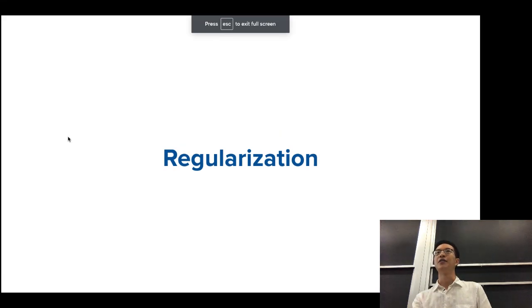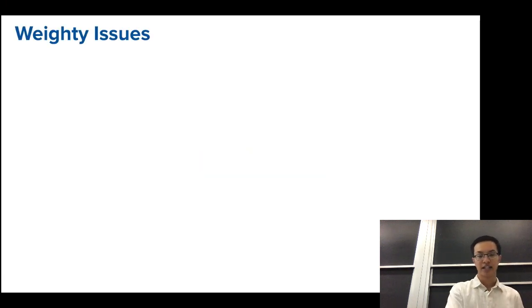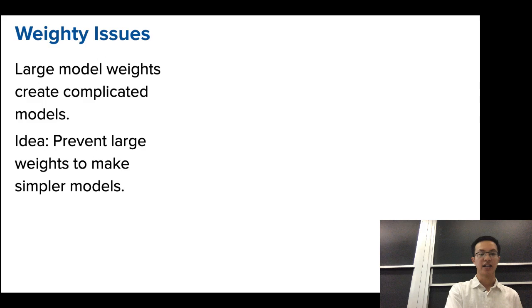Let's talk now about a technique that we call regularization. The idea behind regularization is that when you have complicated features, oftentimes your model will give those complicated features large model weights. But when you have large model weights, you in general have more complicated models.